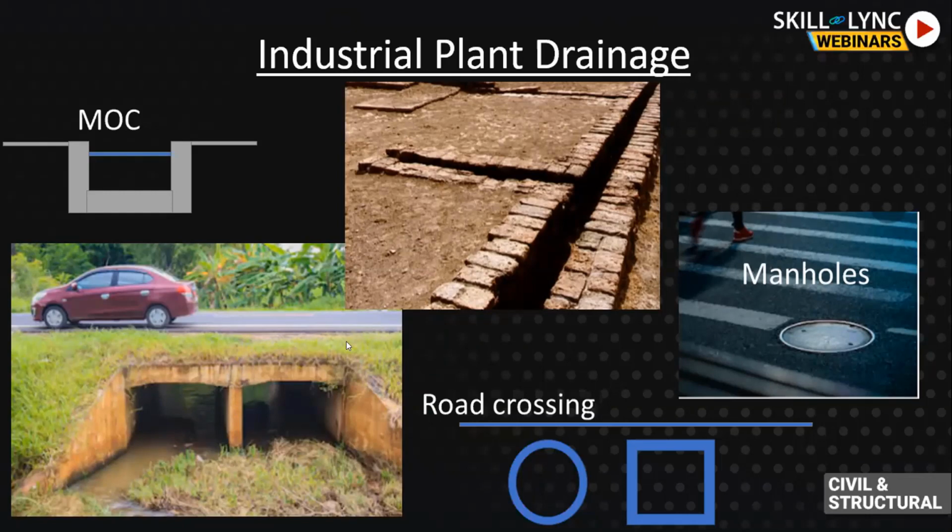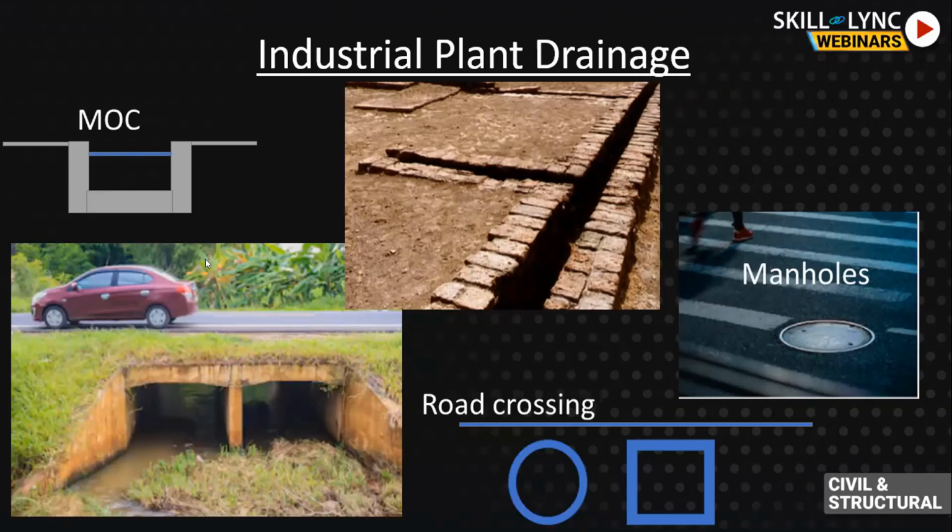Whenever there is a road and this is a drain, whenever the drain meets a road crossing, it cannot cross open like this. The wheels will get stuck in these open drains. So as I told you, they use this box culvert also. This is an RCC culvert, a two cell culvert.